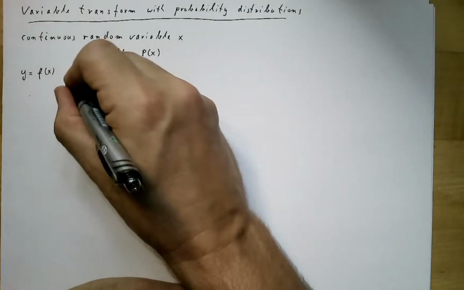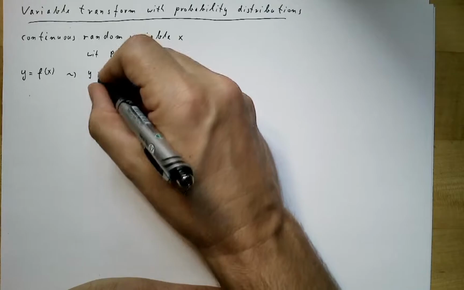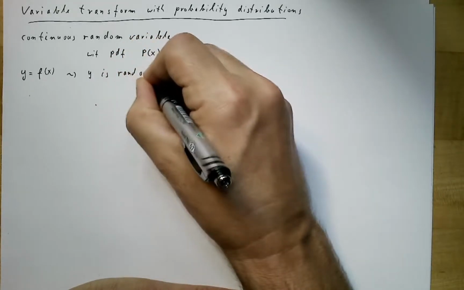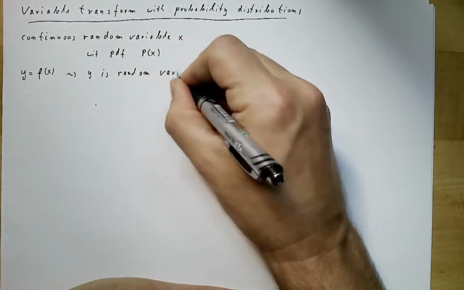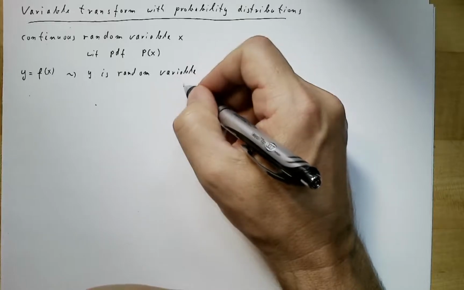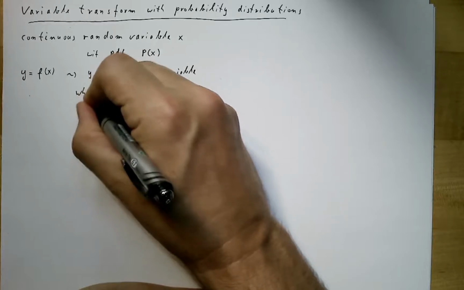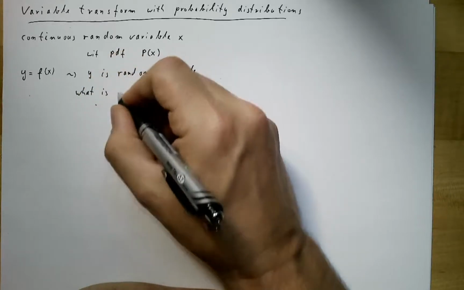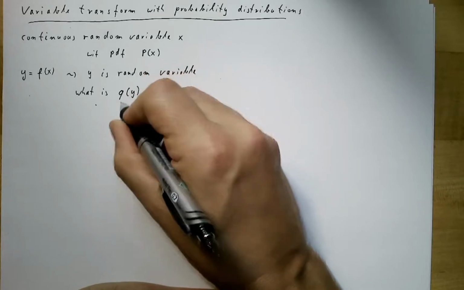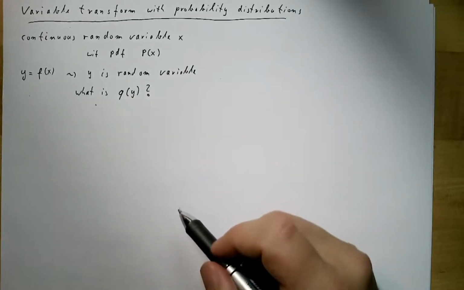Then y, of course, is also a random variable, and this random variable has a distribution. And now we ask, what is the distribution, which we call q of y, the probability distribution of the new random variable?